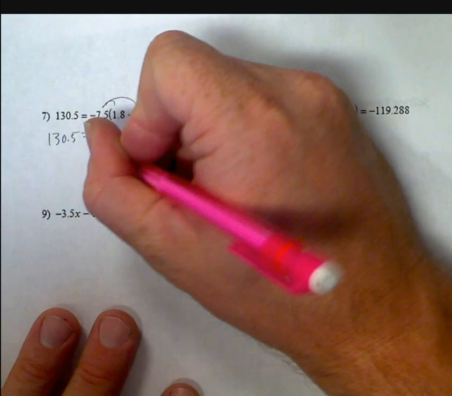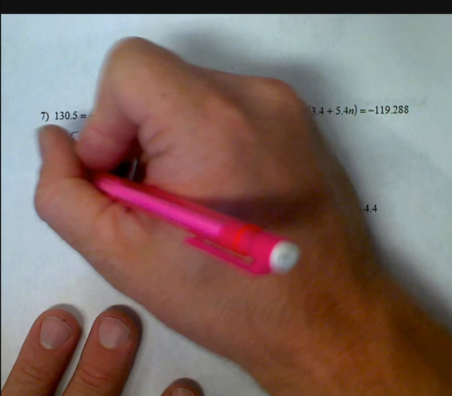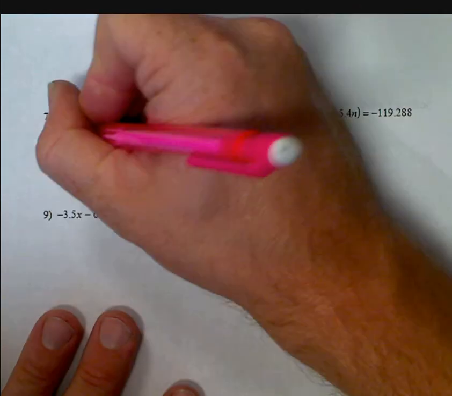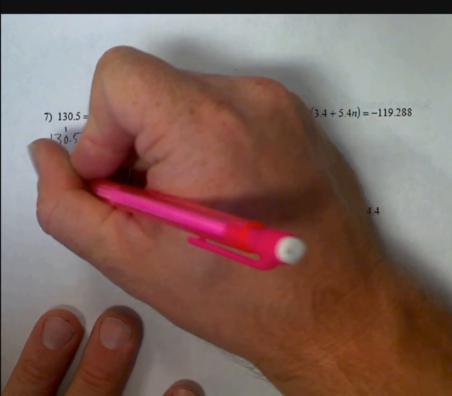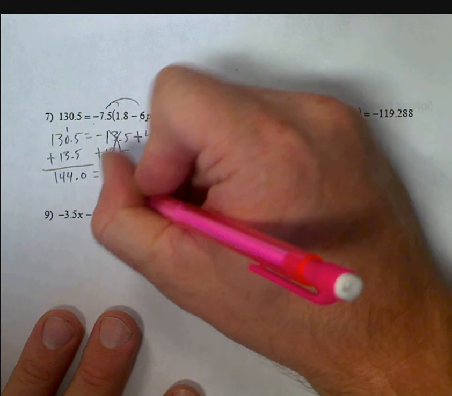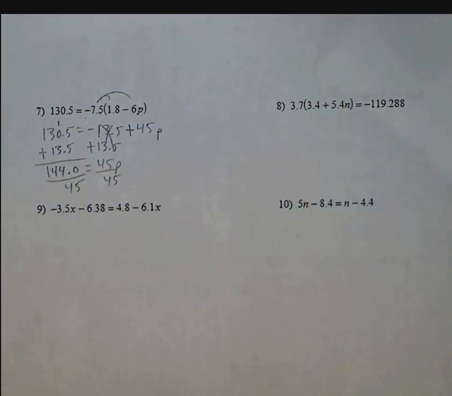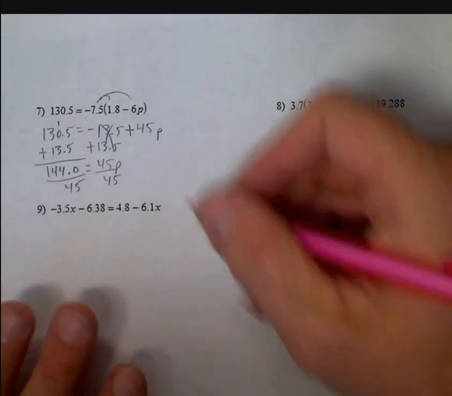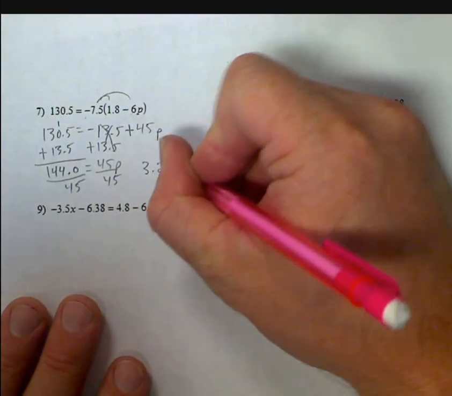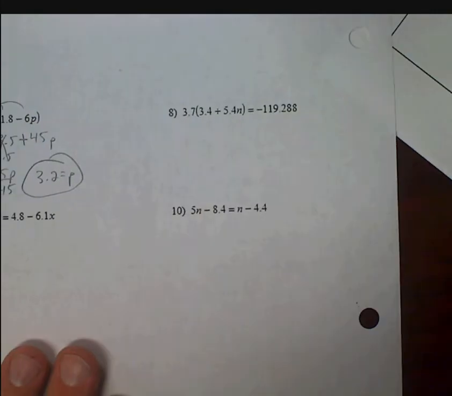Now I can add 13.5, add 13.5, gives me 104.4 equals 45p. Divide by 45, 144 divided by 45, 3.2 equals p. Go ahead and try number 8.